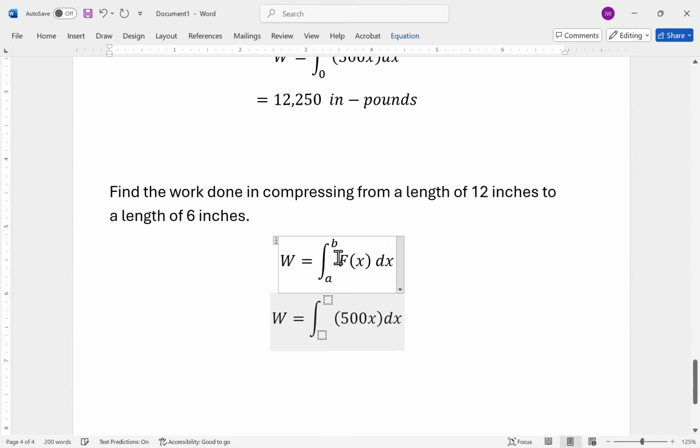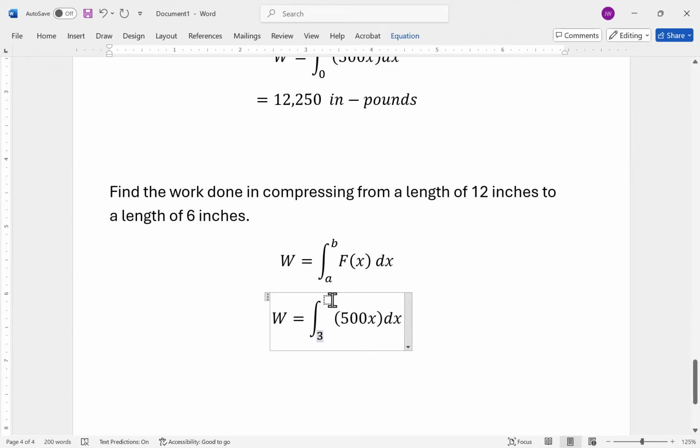Now we can also ask something like 3D, which said find the work in compressing from a length of 12 inches to a length of 6. So we've already compressed it from its natural length to 12, and I want to know how much more work going from 12 to 6. Remember, a length of 12 means we started already at a compression of 3.